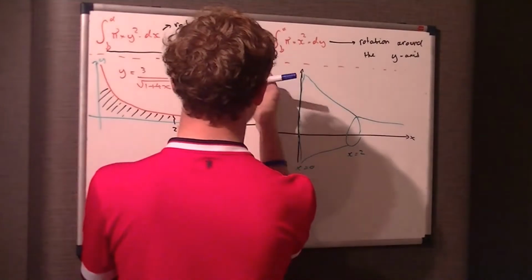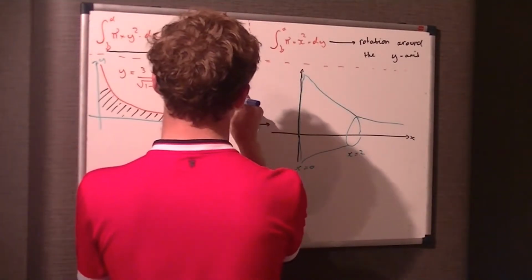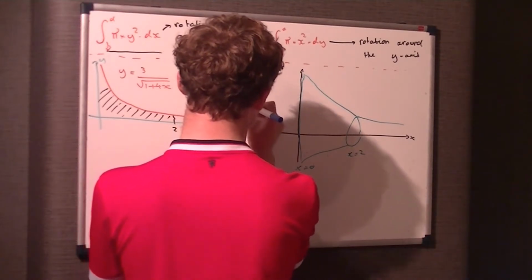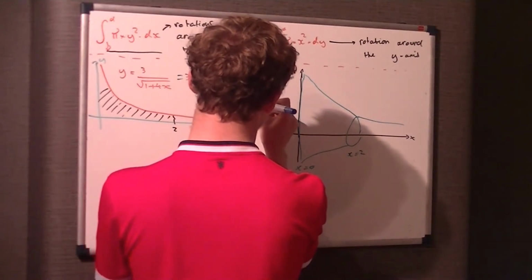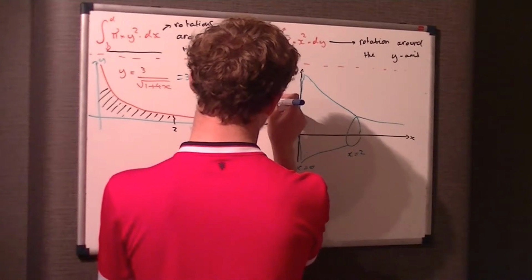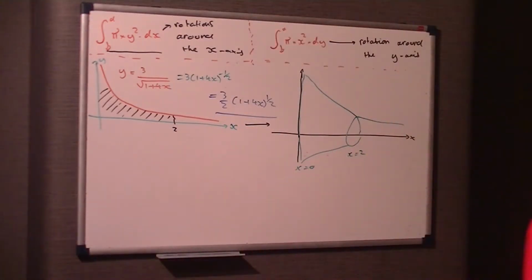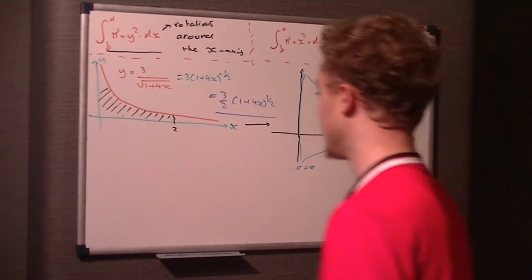Sorry, I'm having to refer to my notes because I don't want to say something that we didn't come up with. So 3 over 2 brackets 1 plus 4x to the power of a half. So that's what we got when we integrated that equation as we did before using the reverse bracket rule of integration. So we don't need to do any of that yet.